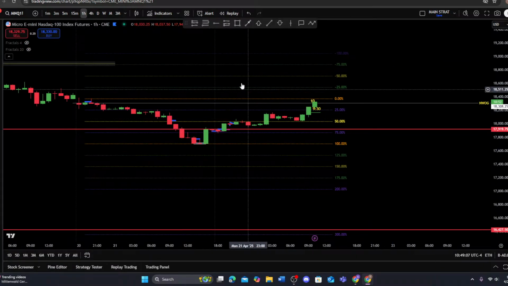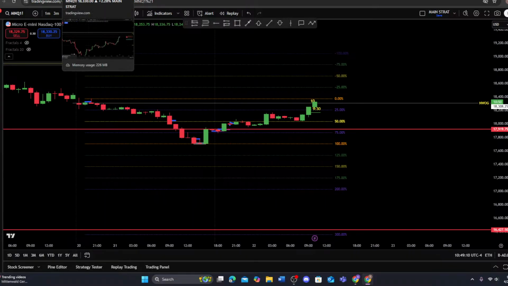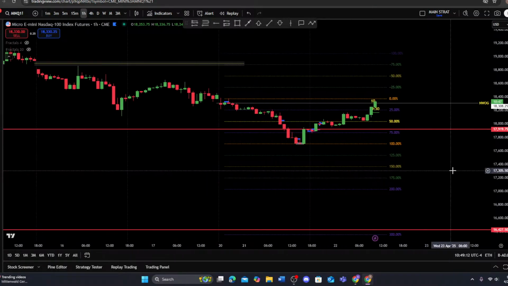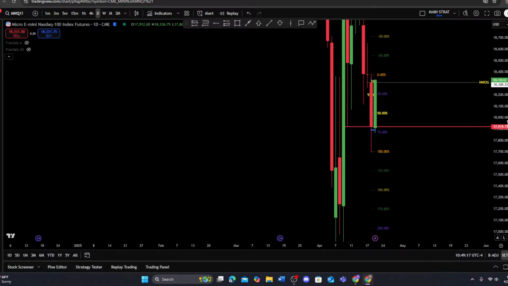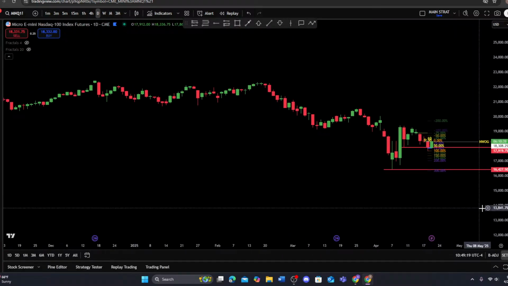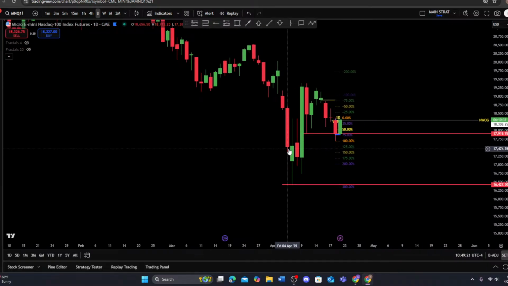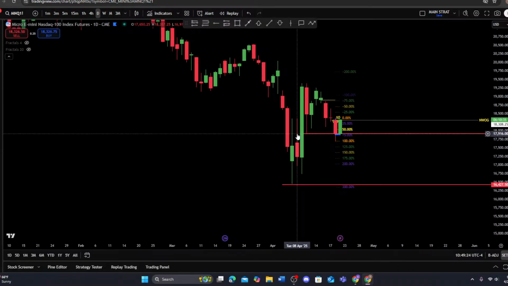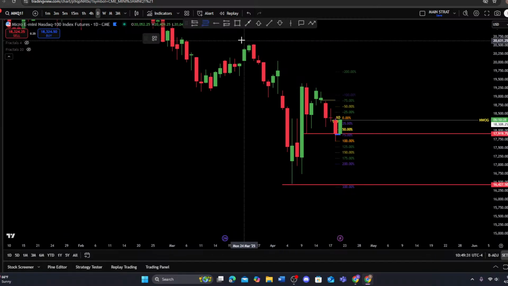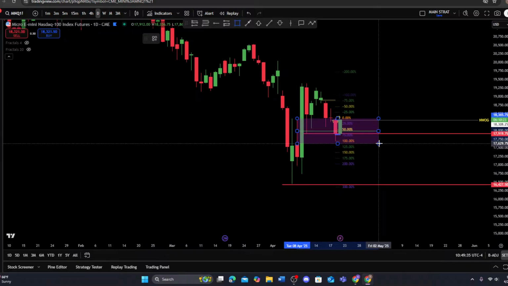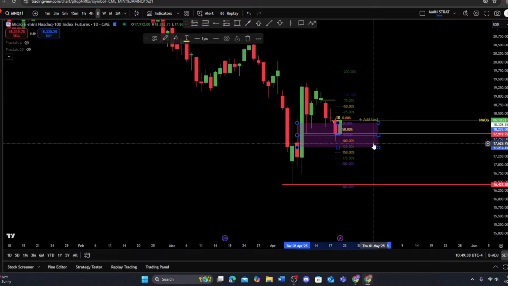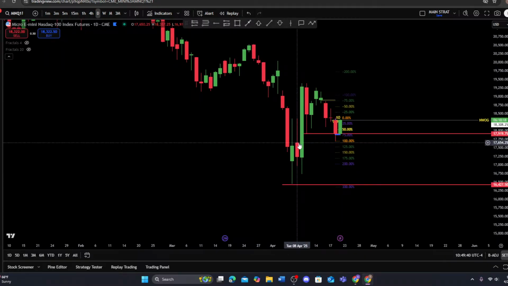If we look at the daily here, it traded down into this order block, and we're actually respecting around the 50% area of this order block's wick.